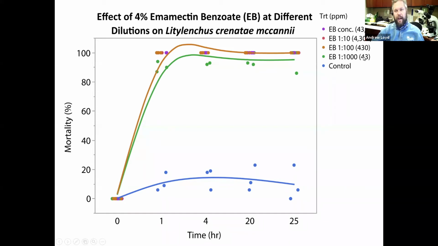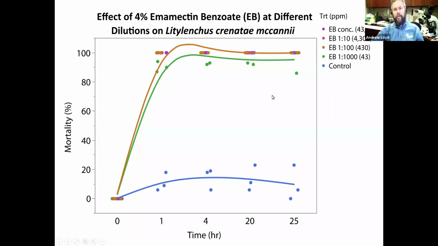I diluted that up to 43 parts per million, and then looked at percent survival or percent mortality of nematodes over the course of a day. They were extracted, and they were treated with these solutions or treated with water as a control. You can see that the mortality of all treatments happened within an hour.